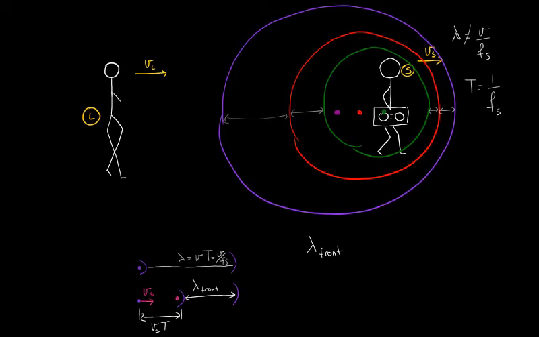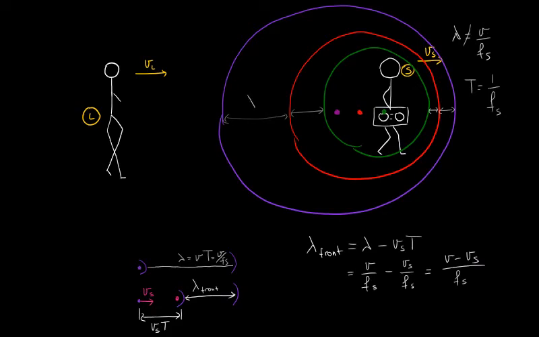So lambda front will be lambda minus V source times the period. For the lambda, let's put V over frequency of the source minus V source, and for the period, I'm going to put 1 over frequency of the source, and that simplifies to V minus V source over the frequency of the source.